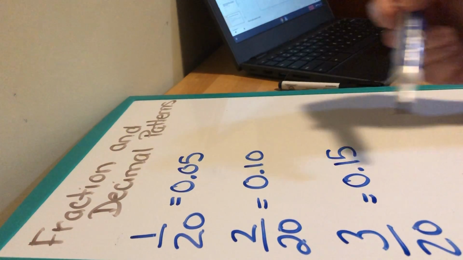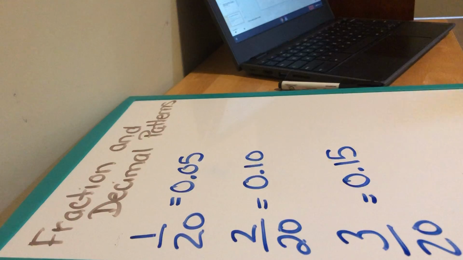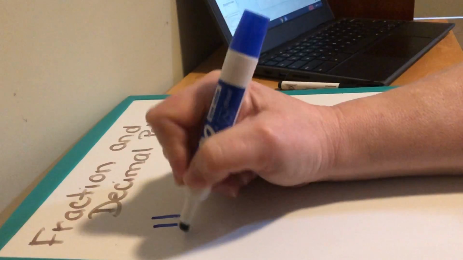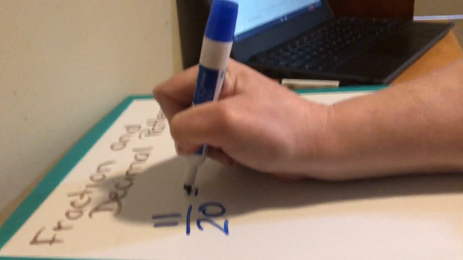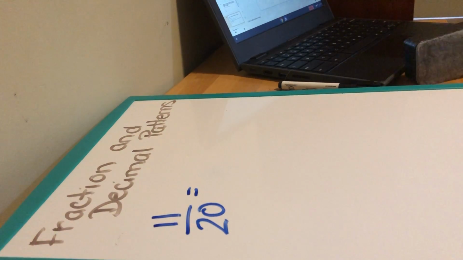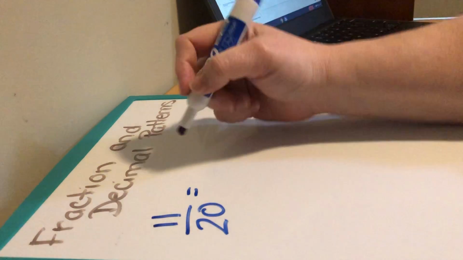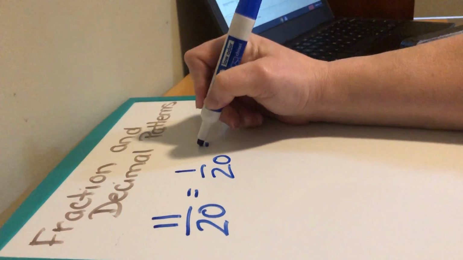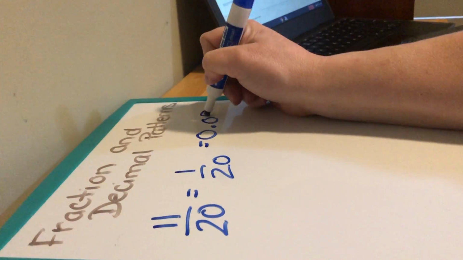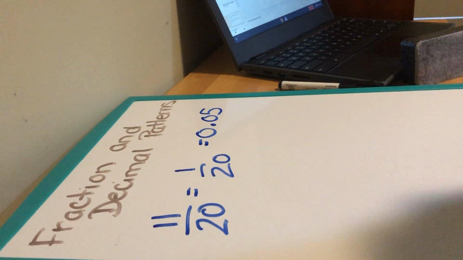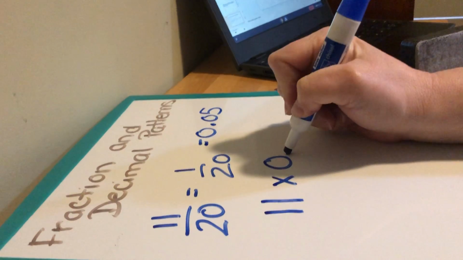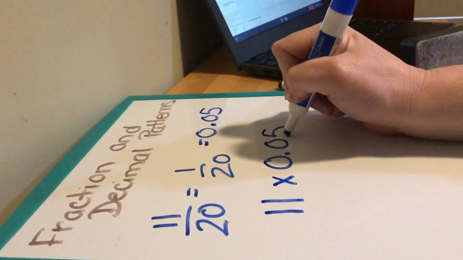That's easy enough. But let's say we want to know what 11/20 is. I don't want to have to continue the pattern all the way down. So I'm going to use that multiplication strategy that I learned on the last slide. So if I want to know what 11/20 is, then I know that 1/20 equals 0.05. Therefore, I want 11 of them times 0.05.